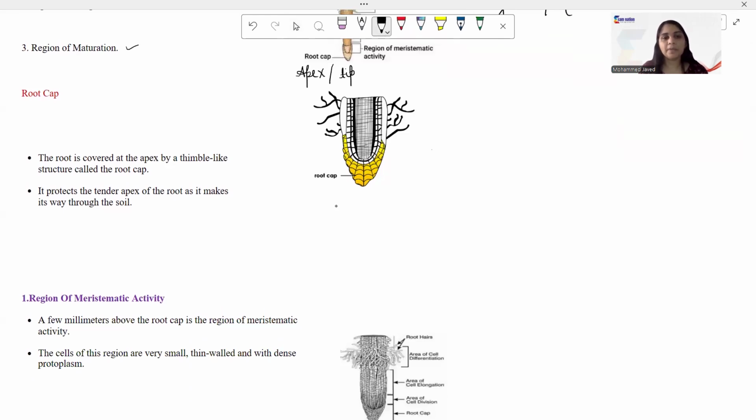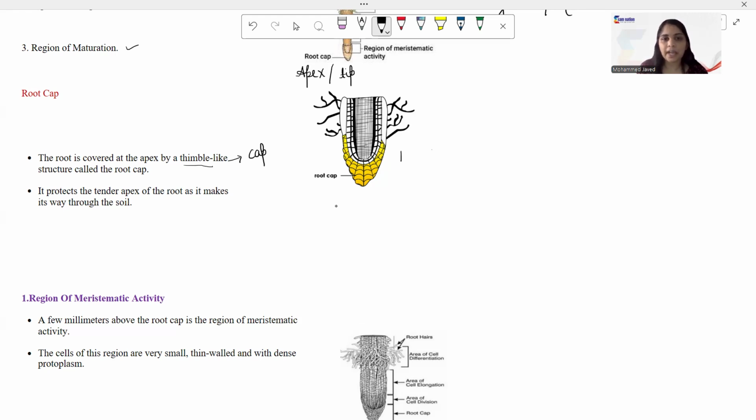So root cap is a thimble-like structure. Thimble meaning it is a cap-like structure. Thimble actually refers to a metal cap which is worn on the index finger while sewing in order to protect ourselves from the pricking from the needle. So such a protective cap or covering is present at the apex or tip of the root, and we call it as root cap.